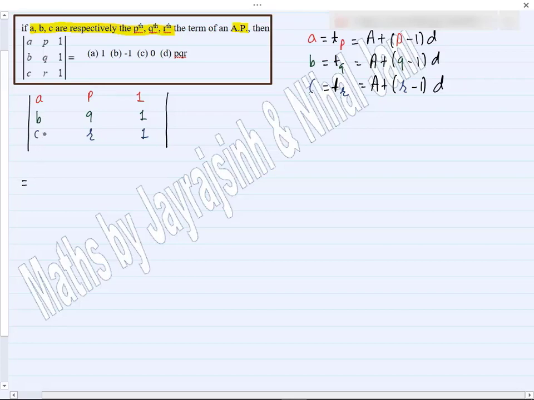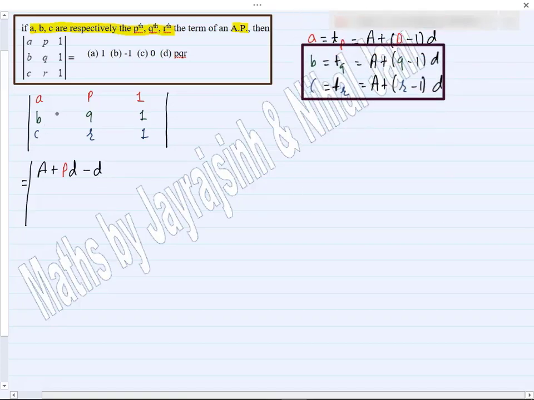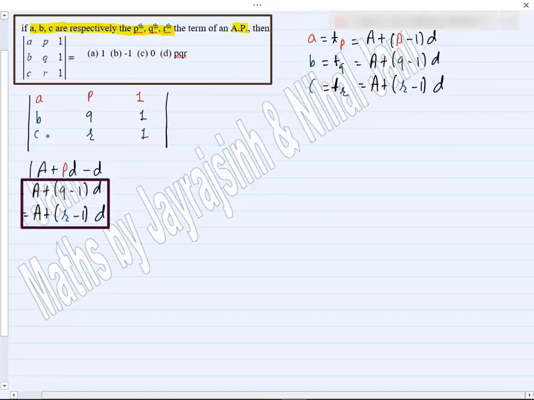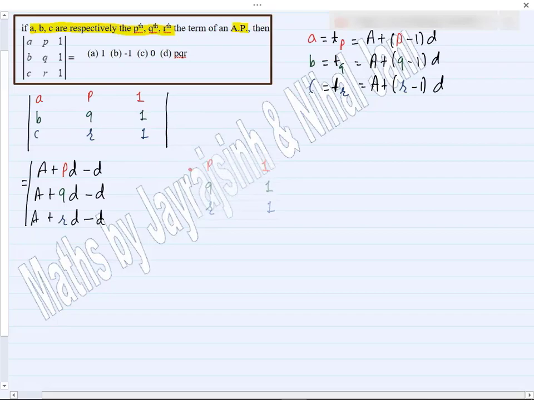So first of all, let's place the value of a, which is A plus p minus 1 d, or we can say pd minus d. Similarly, the value of b and c can be used respectively, and rest of the terms will be as it is. Now let's try to simplify.